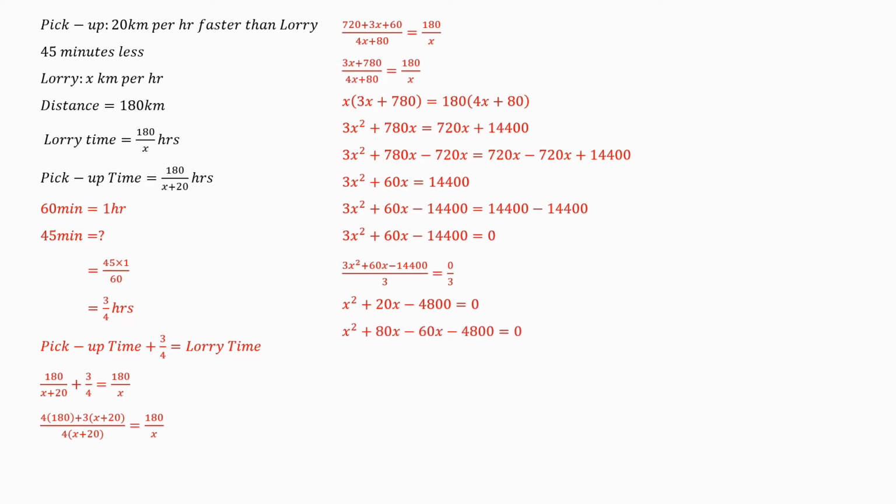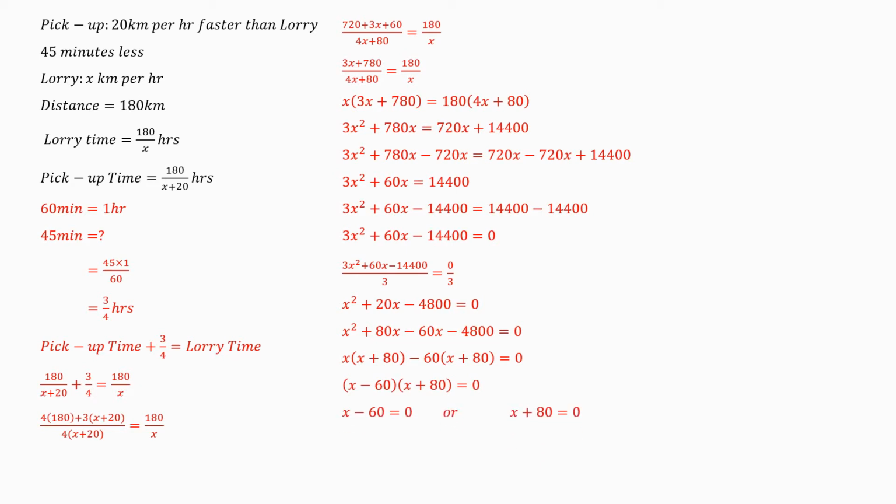So we have x squared plus 80x minus 60x minus 4,800 is equal to 0. Then we factor out the common factors in pairs. We have x into x plus 80 minus 60 into x plus 80 is equal to 0. So that means x minus 60 into x plus 80 is equal to 0.